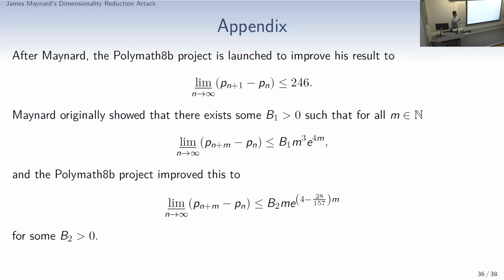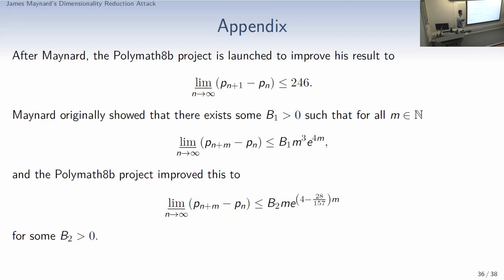So these are two projects, and the project after Maynard is called the bounded gaps between many primes, and the project before Maynard is the bounded gaps between primes. And this is the current record: the small gap between consecutive primes is less than or equal to 246 infinitely many times. That's the current record for bounded gaps between two primes.